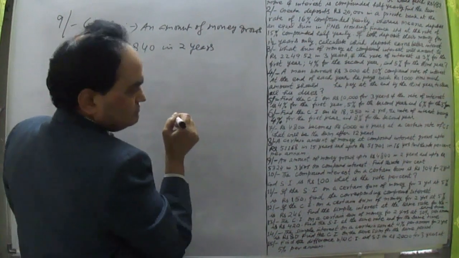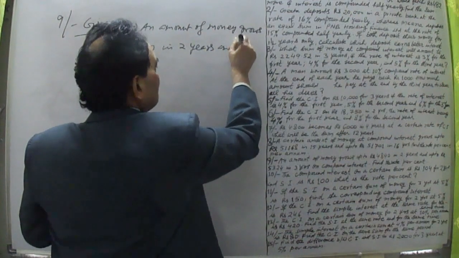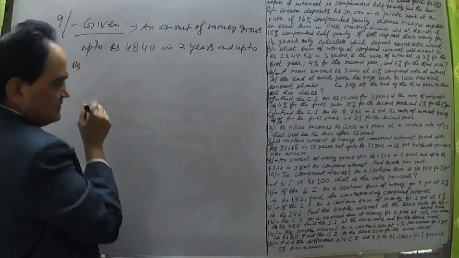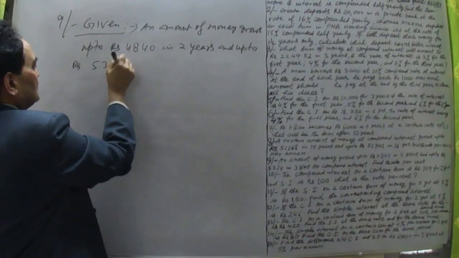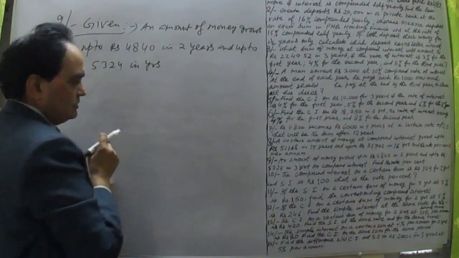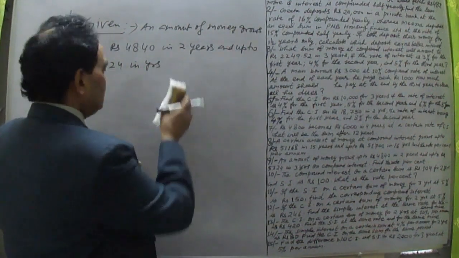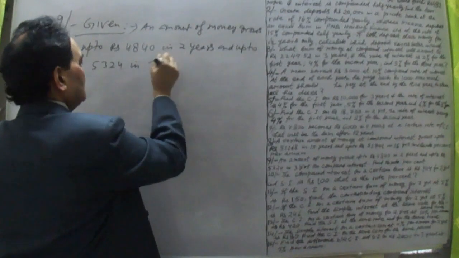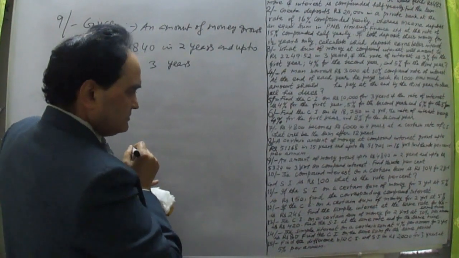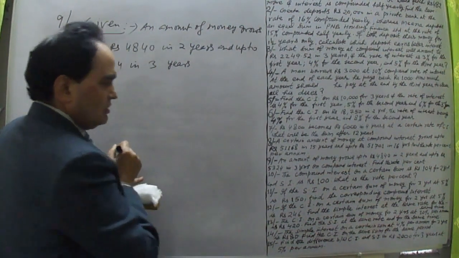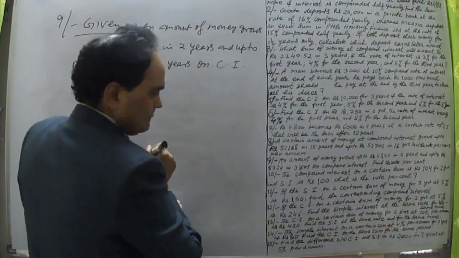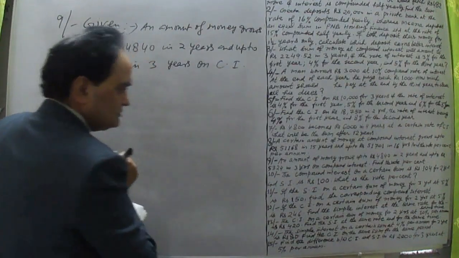In 2 years time, and up to rupees 5,324 in 3 years. In 3 years, let me write years complete. 3 years here, okay. On compound interest, on CI. Then find the rate percent.